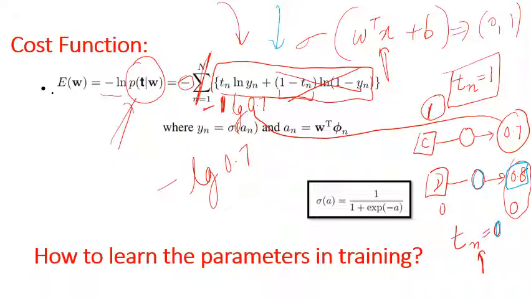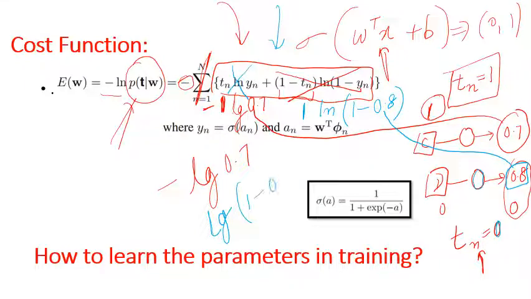It means my first term will go away, because t equals 0, and 1 minus t, which is 1 minus 0, is 1. So I am getting 1 here, and this is log of 1 minus my prediction. The prediction is 0.8, so the total error I am having is log of 1 minus 0.8, and this negative sign, which is already there, will come here. So this is my total error for the dog classification, right?